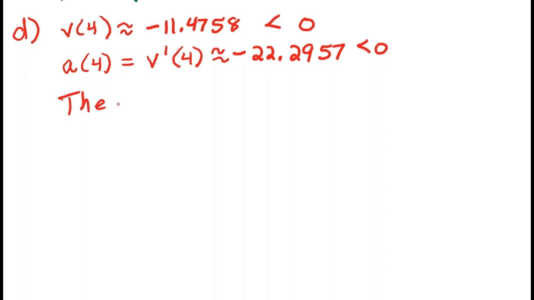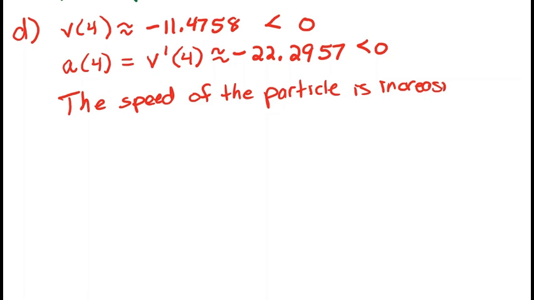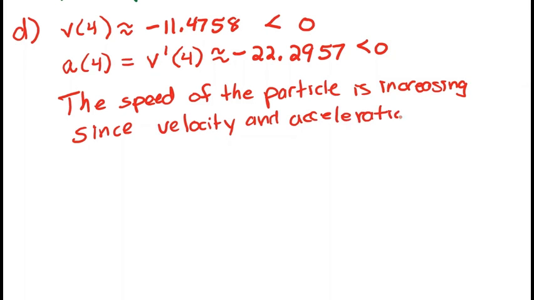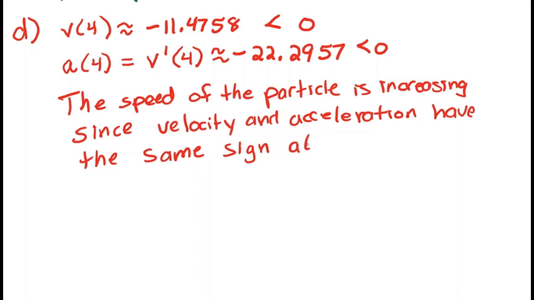The speed of the particle is increasing since velocity and acceleration have the same sign at t equals 4. And there you have it.